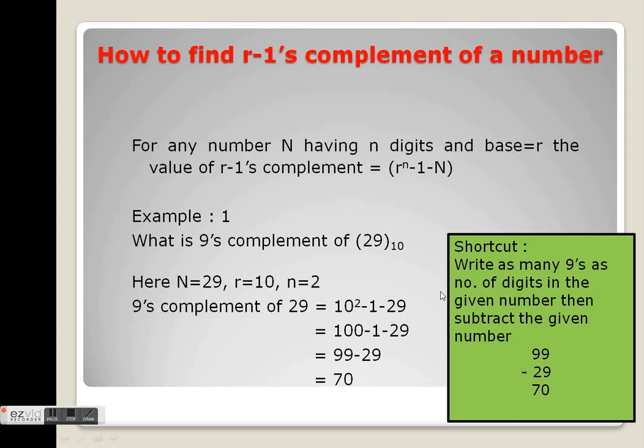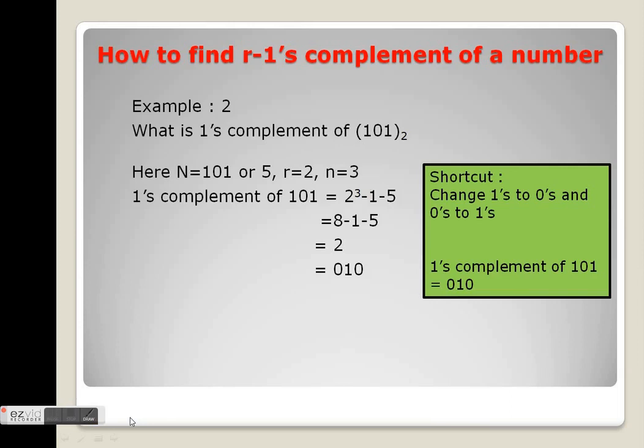For example, in this case, we have two digits, so we will write 9 twice, so we'll get 99, and after that we will subtract the given number, that is 29, from 99, and we will obtain 70, which is the 9's complement of 29. So in this way you can easily find out the 9's complement of any decimal number in a very quick manner. Students, let's take another example.